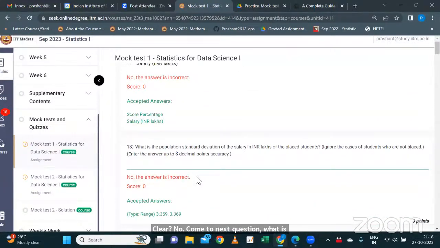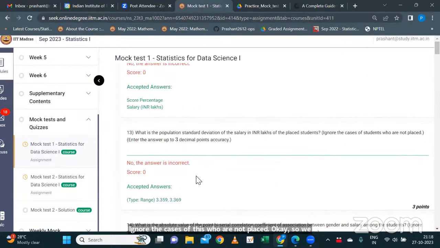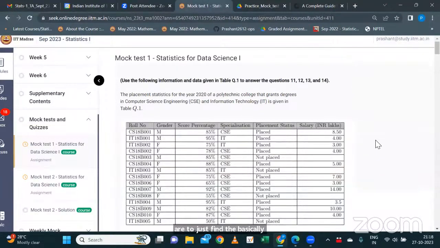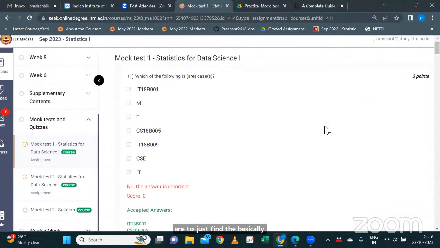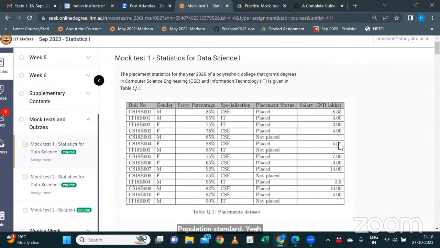What is the population standard deviation of the salary in lakh of the placed students? Ignore the cases of the students who are not placed. So we basically have to find the population standard deviation of the salary. Should I calculate, or is it okay? It's okay, sir, you can skip.